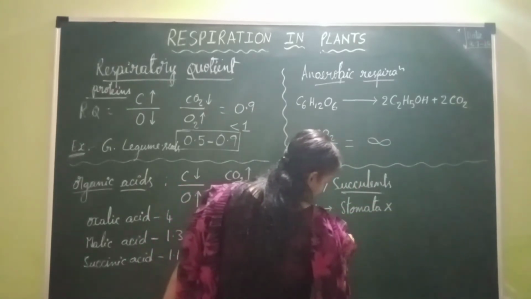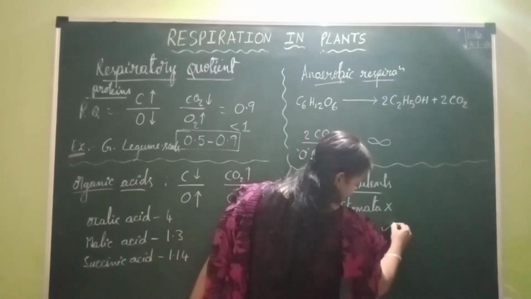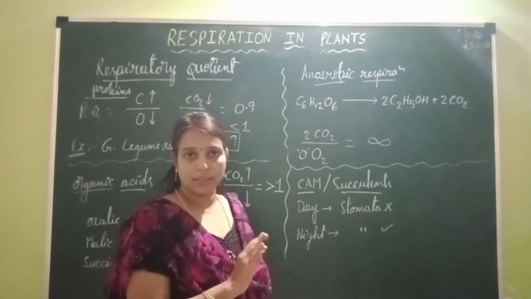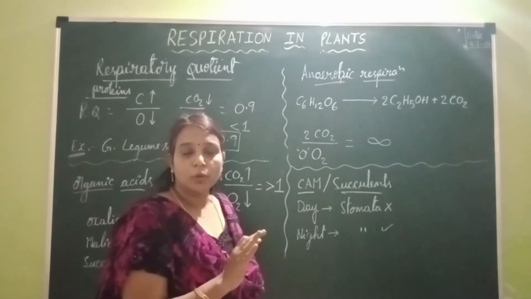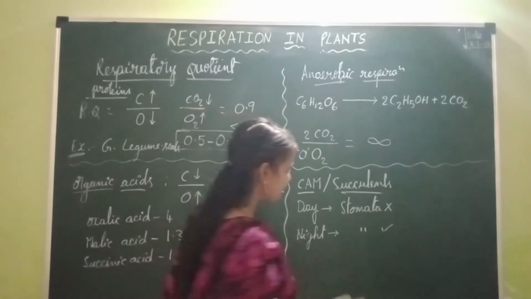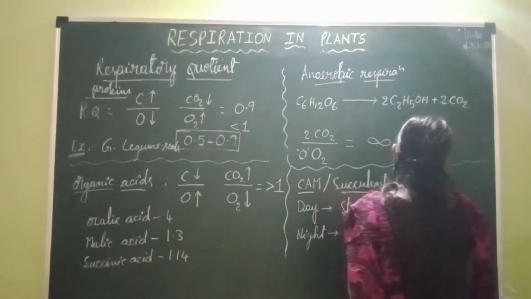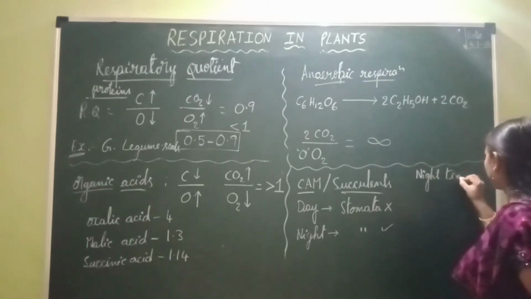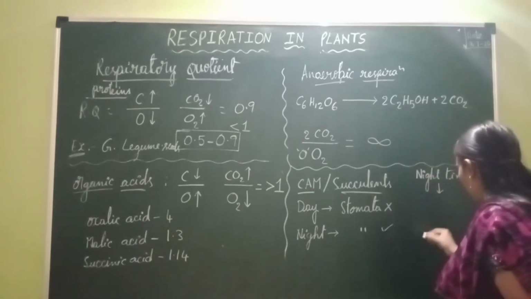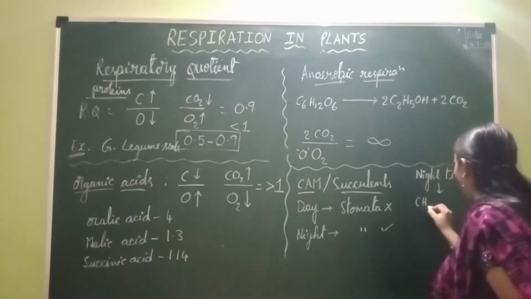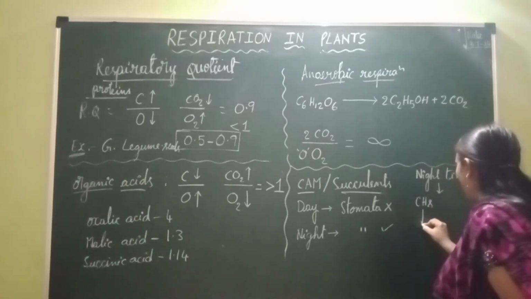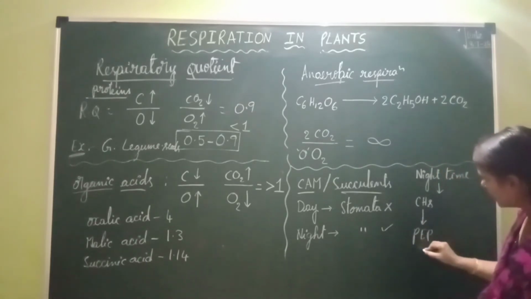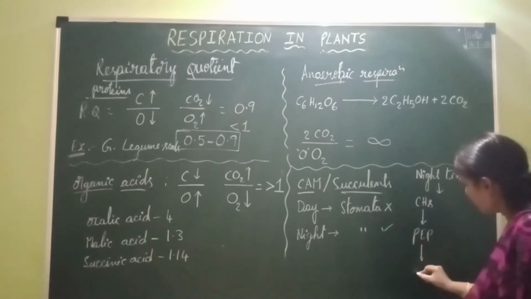So let's see what happens during nighttime. Stomata get opened. So during nighttime in these CAM plants, carbohydrates present in these cells undergo partial oxidation into phosphoenol pyruvic acid, which undergoes conversion into malic acid.